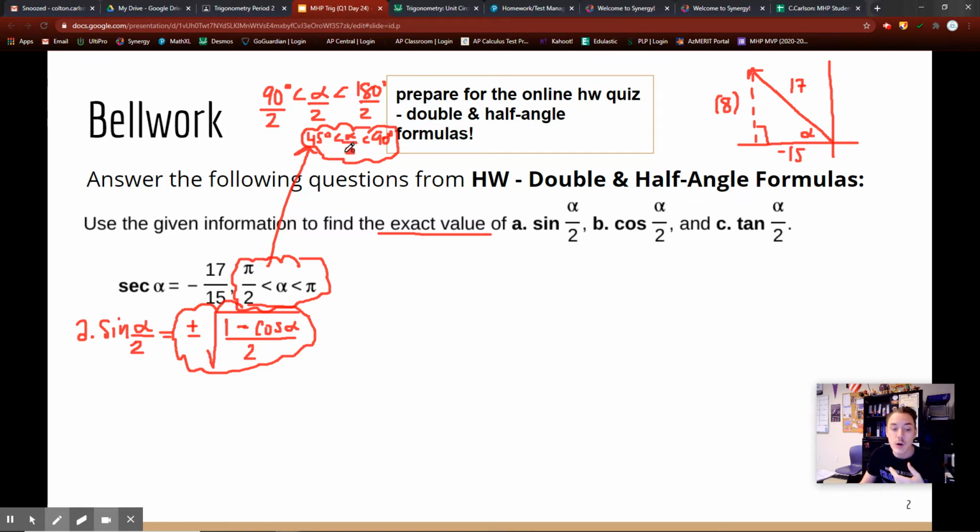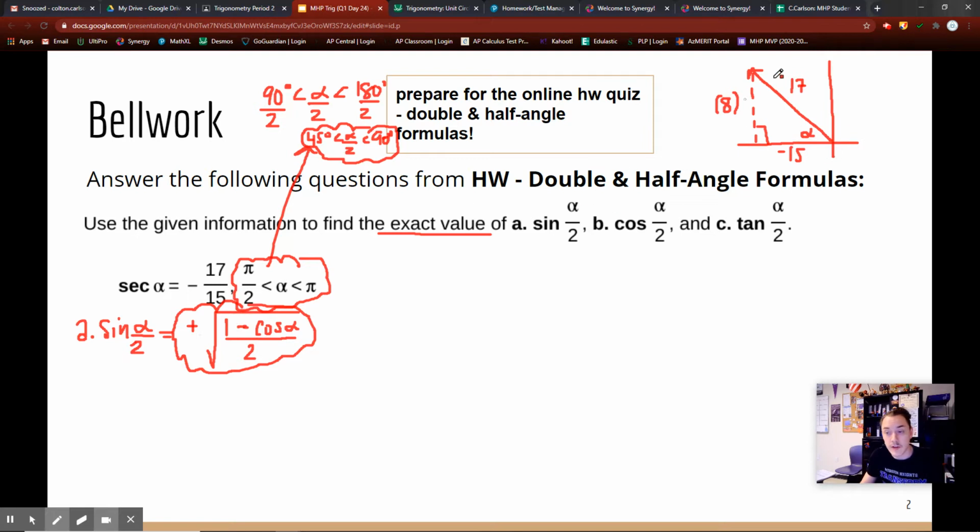Since it's in quadrant 1, I'm going to use plus for all of them: plus for cosine, plus for tangent, and sine. So I'm not going to be using my negative at all right there. I'm going to erase that. That is how you know if it's going to be positive or negative. You have to look at your interval and then divide it by 2. Now you can see 45 to 90 is in the first quadrant, which means everything's going to be positive.